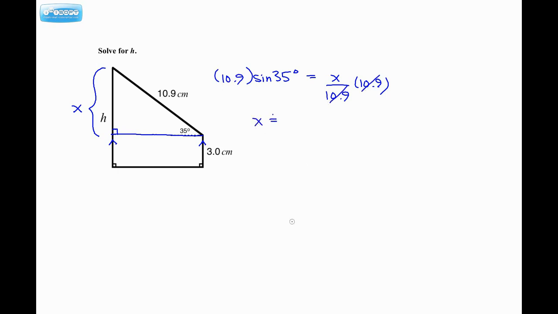So let's work that out. 10.9 times sine of 35. And you get about 6.25. That's good enough. Okay. Well, actually, I should put units in here, because there are units given in the problem. There we go.